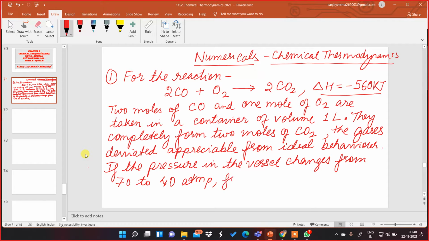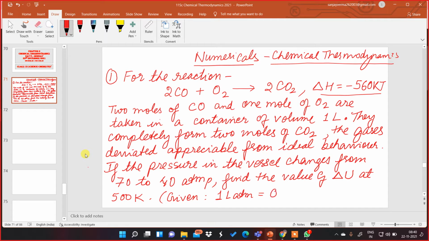find the value of delta U, the change in internal energy, at 500 Kelvin, and given 1 liter atmosphere is equal to 0.1 kilojoule.